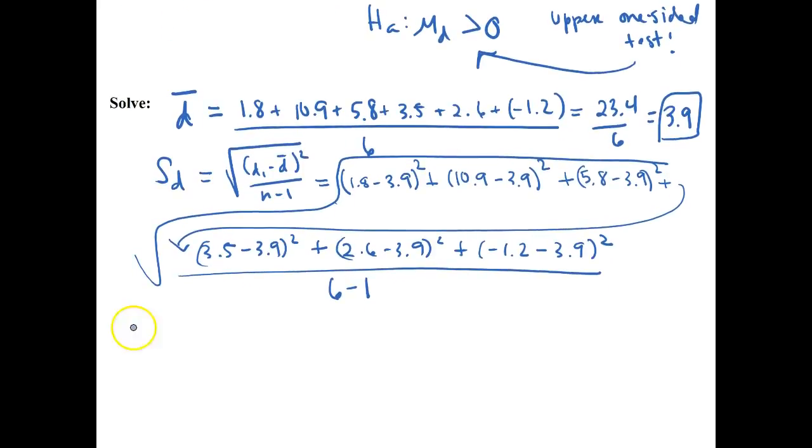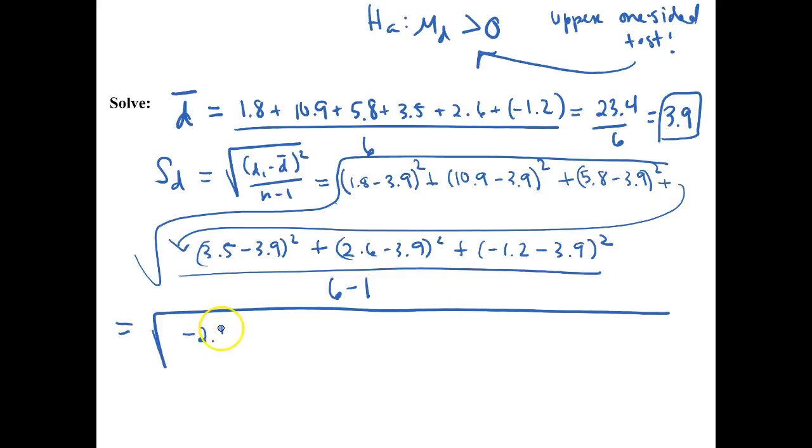So what do we get from that? Well, we essentially get the square root of 1.8 minus 3.9 squared. It is actually just negative 2.1 squared, plus then 10.9 minus 3.9 is just 7. Square this value. 5.8 minus 3.9 gives us a value of 1.9.